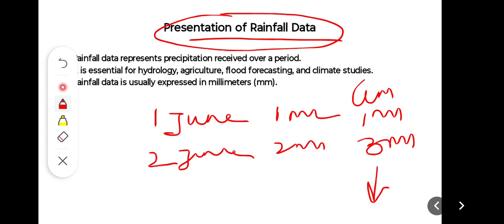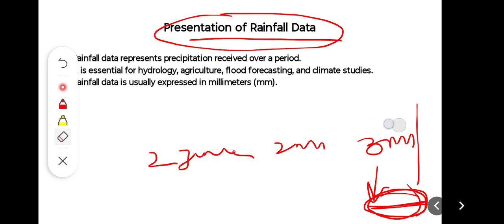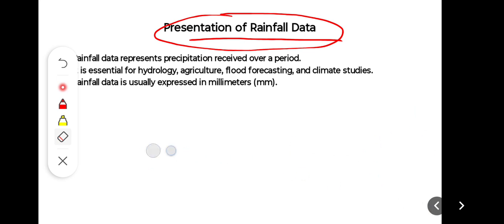Similarly, we have to write cumulative here as well. By this, at the end of the year or end of the season, you have to report this cumulative, like in this year, this much rainfall has taken place. Okay. So this method is used to measure, to represent, to present, or to log the rainfall in non-recording gauge.